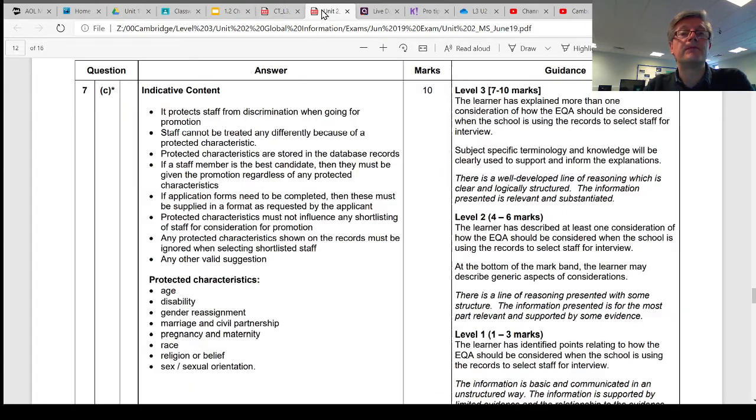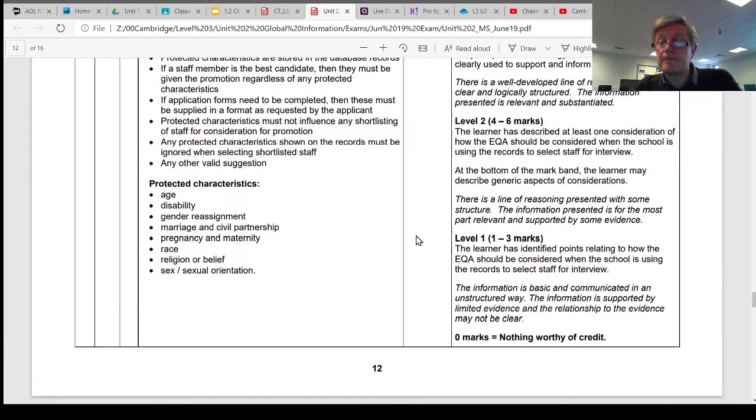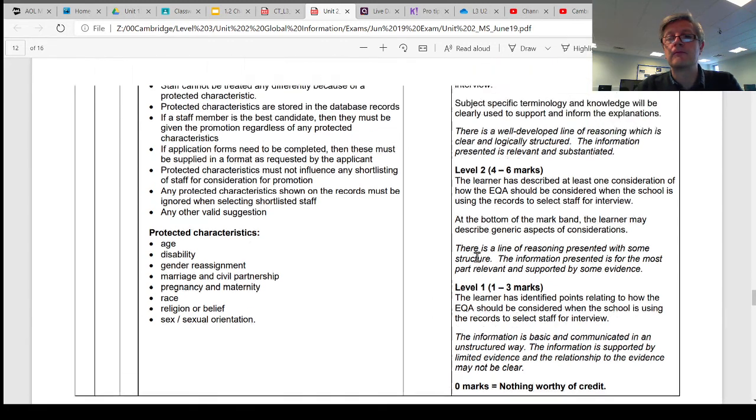So what kind of things are they looking for? So again, it's one of these where it's banded. If you've identified some points relating to how the Equality Act should be considered, and the information is a bit basic, it's unstructured, it's not very logical, there's no supporting evidence, then you're looking at lower mark band, maximum 3.